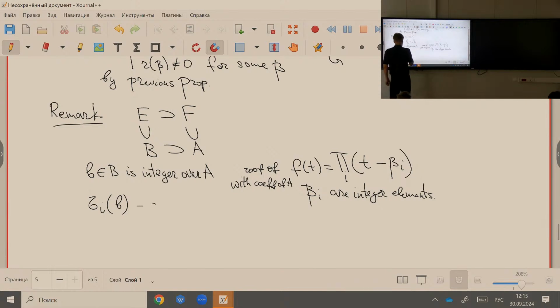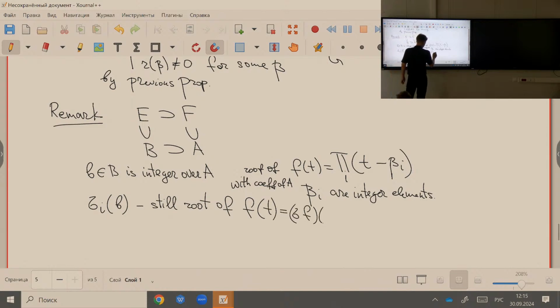So it is still a root of f, because it is a root of sigma of f of t.